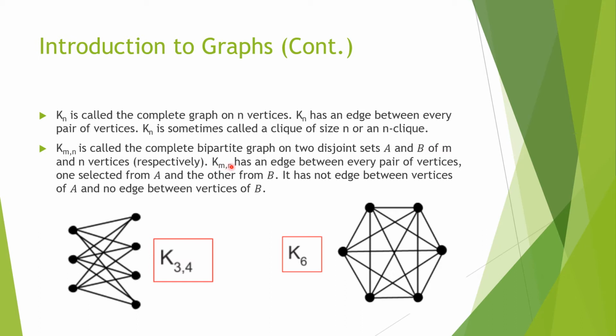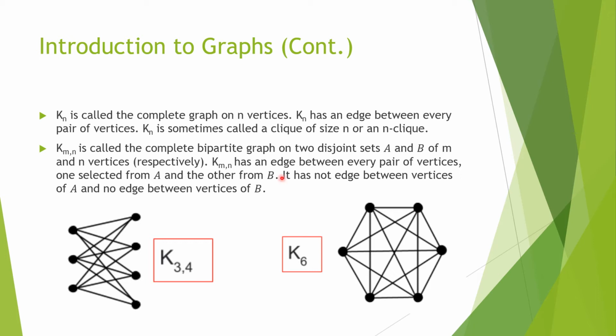K m,n has an edge between every pair of vertices, one selected from A and the other from B. So if you select a vertex from A and another vertex from B, those vertices have to be adjacent. There should be an edge between them.